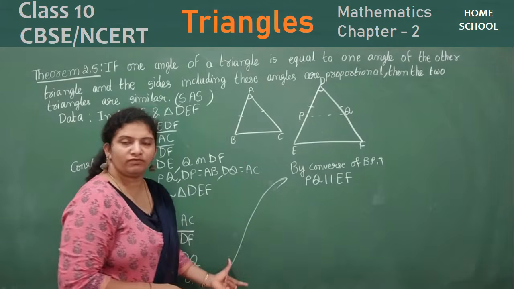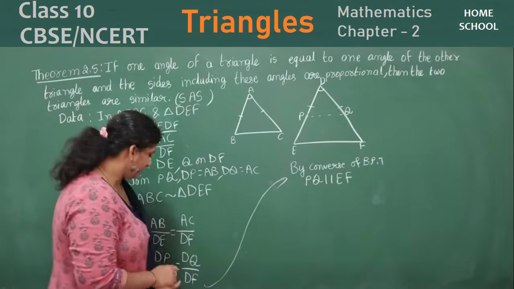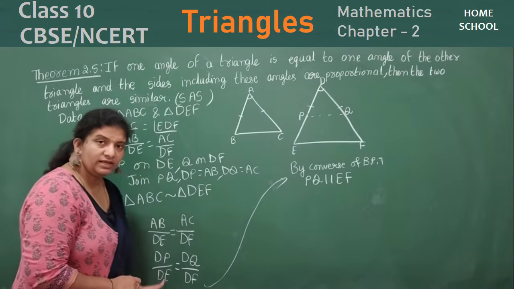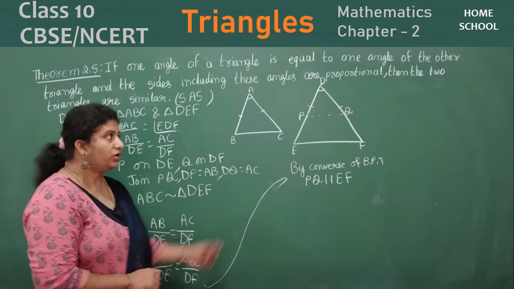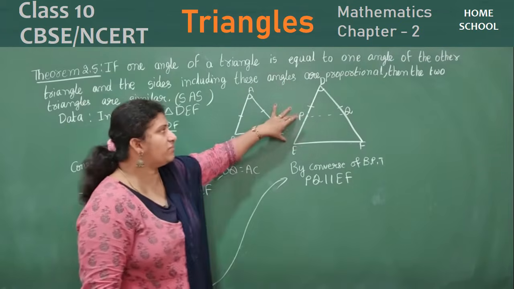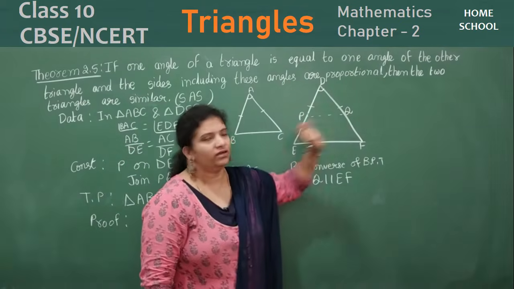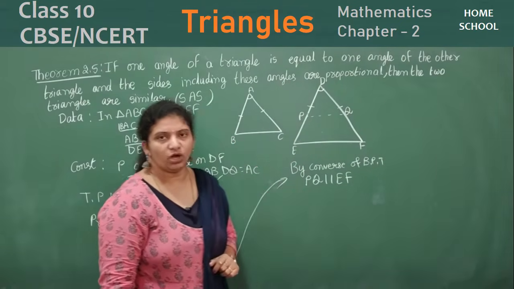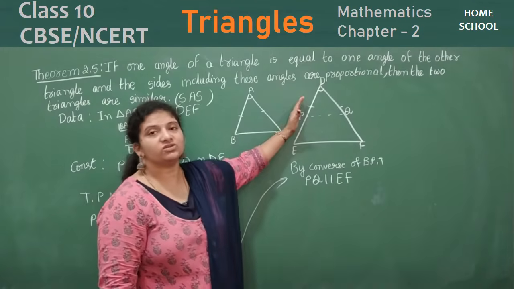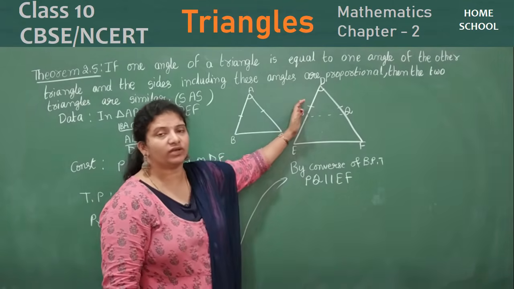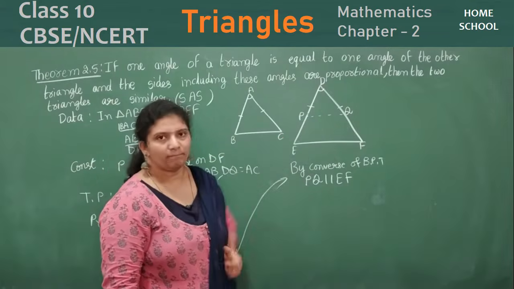In the middle, if you want, you can write how we have done it: do the reciprocal, subtract 1, and you are going to get the BPT, that is DP by PE is equal to DQ by QF. Okay, so if the ratios are in proportion, then the lines are parallel.